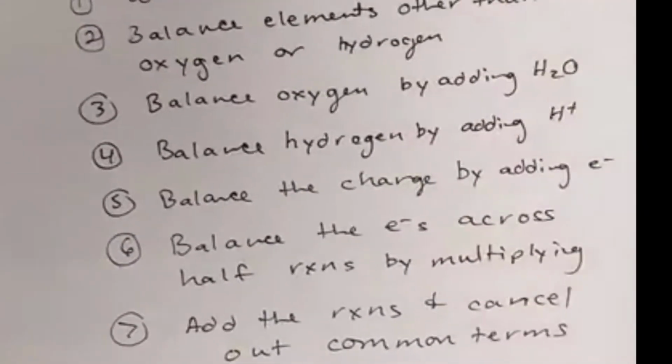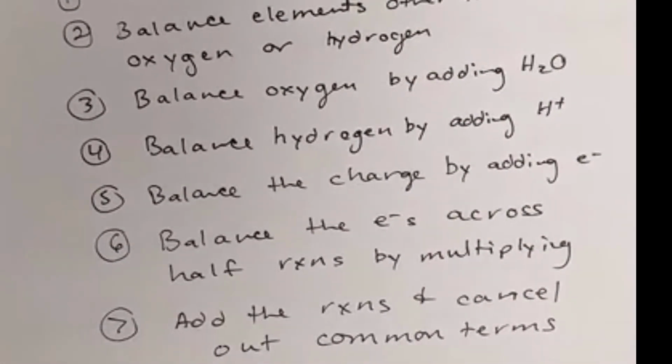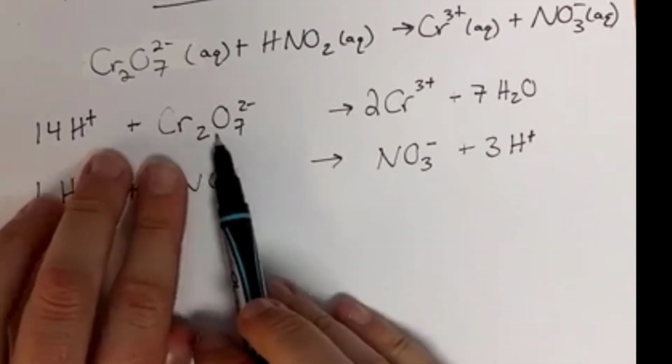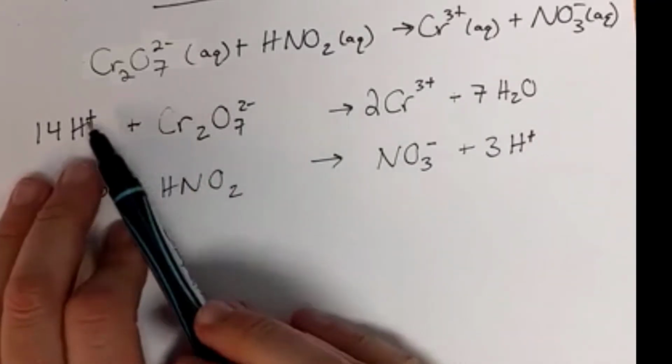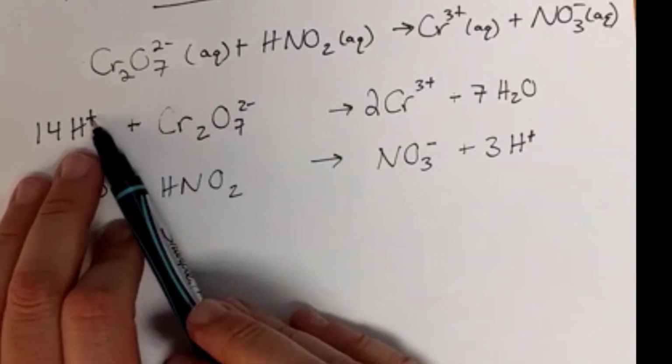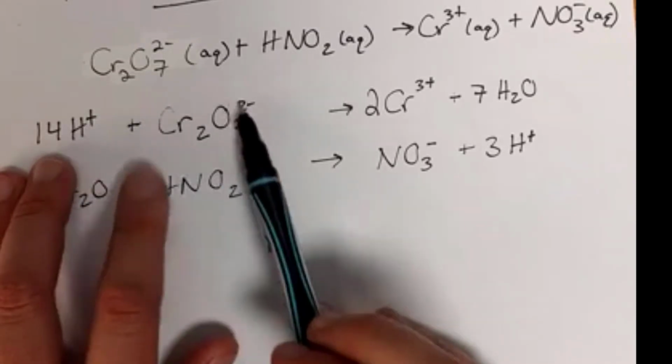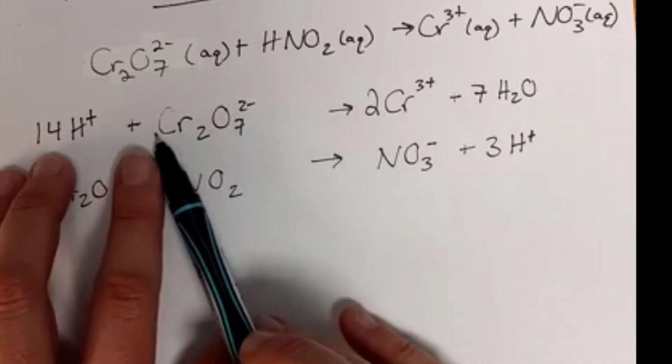Now we're on the next step of balance out the charge by adding electrons as needed. So let me switch to a different color because I want us just to remember how we did this. So on this side, for instance, we're just going to look at this first half reaction. I have plus 1 of hydrogen times 14, so that's 14 positives, plus negative 2, and there's only 1 of them.